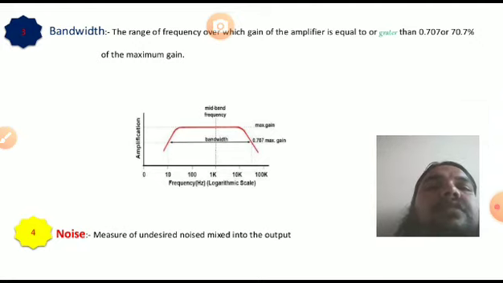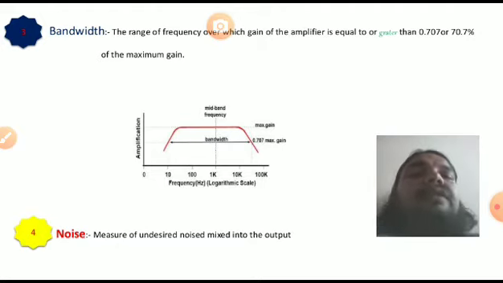In this diagram, the bandwidth is the range of frequency over which the gain of the amplifier is greater than or equal to 0.707, or 70.7%, of the maximum gain.